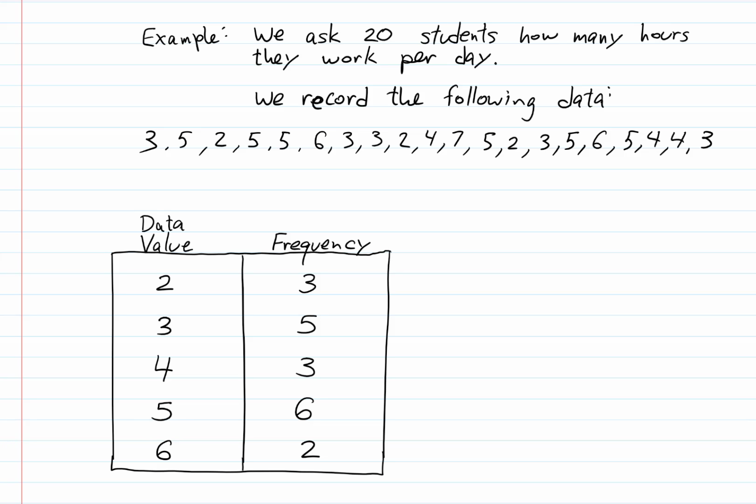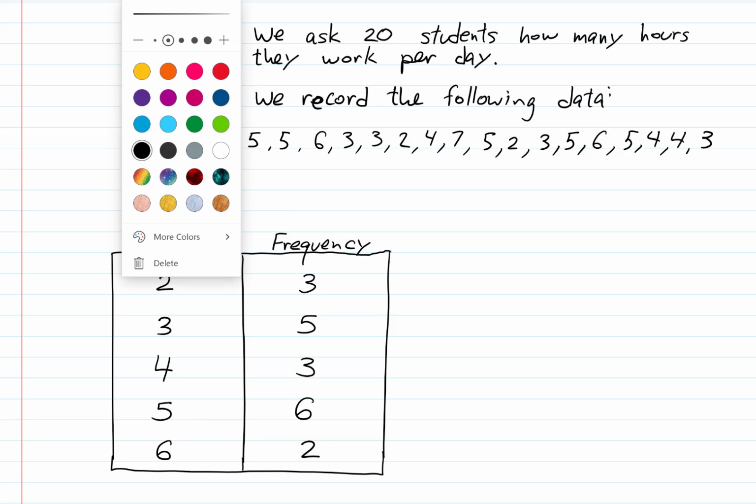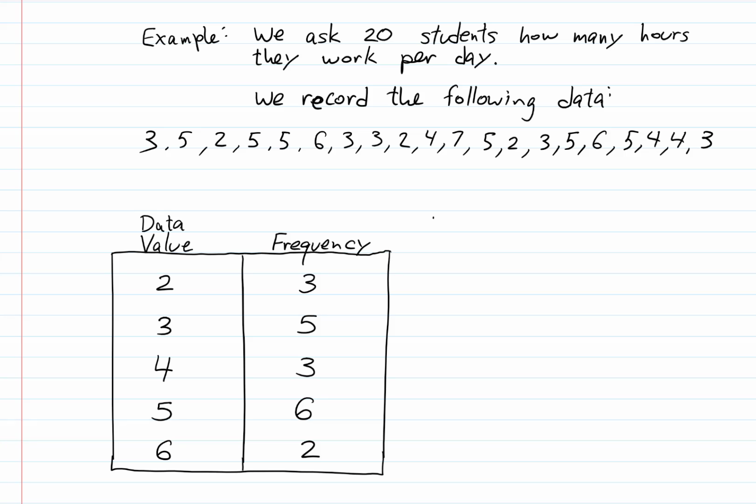It's a way of recording 20 numbers without having to actually write down all 20 of them. I only had to write down 5 of them because there was only 5 different numbers. And then for each one, I write down how many times that data point came up. Okay, so that's frequency. Now, let's add a column on there and do relative frequency.